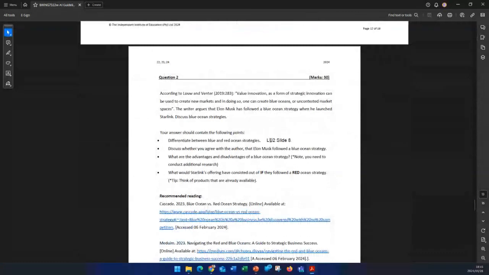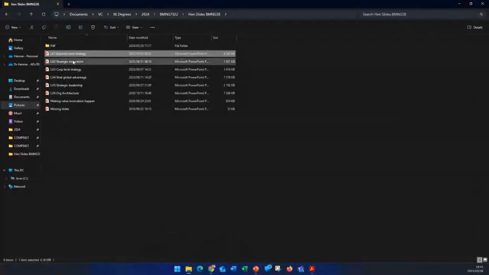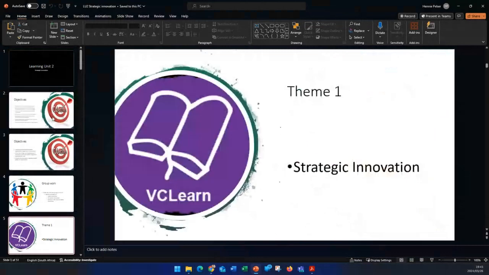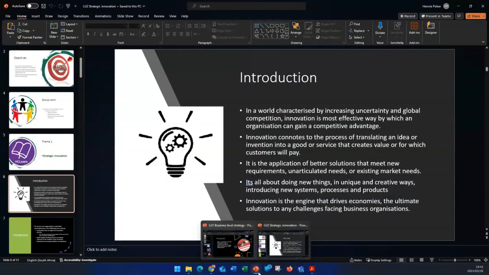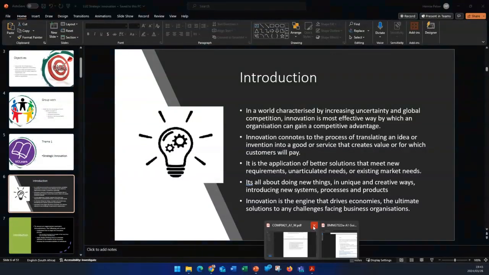The second one is the idea of blue and red ocean strategies. We'll spend a bit of time on that tonight when we look at the next learning unit, learning unit 2. In terms of blue ocean, red ocean strategies, you'll remember if you're a Google that writes the first algorithm that puts in motion some sort of search engine, you arrive as the first person in that particular industry.